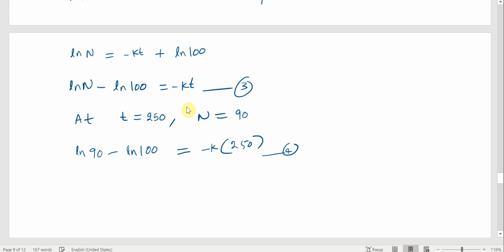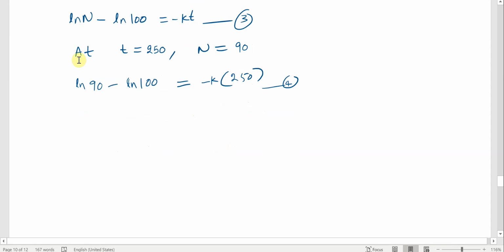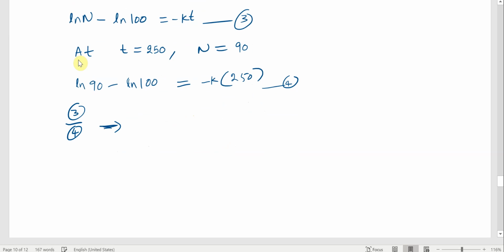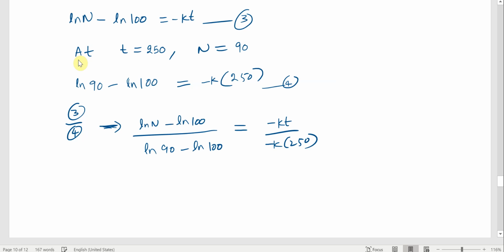As usual, we will divide equation 3 and 4, which leads to ln n minus ln 100 divided by ln 90 minus ln 100, left hand side over left hand side, and right hand side over right hand side. These two cancelled. So ln n over 100 by the property of logarithm, over ln 90 over 100, equals t over 250.